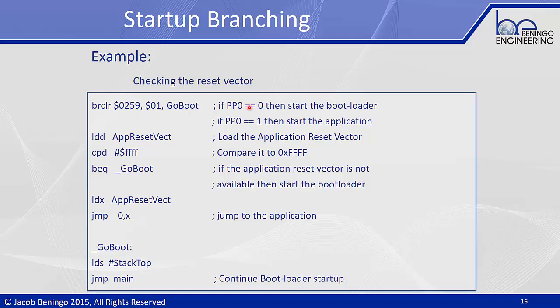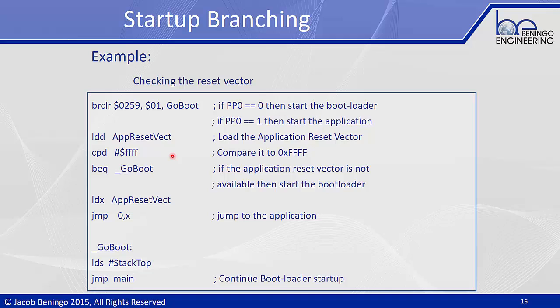So we're going to check our GPIO pin just like we did before. We're going to load the application reset vector if we're told that we want to load the application. And then we're going to perform this comparison. Now, if we didn't program the application code in the flash space, most likely the flash space is going to be in an erased state, which means it's going to read all Fs.